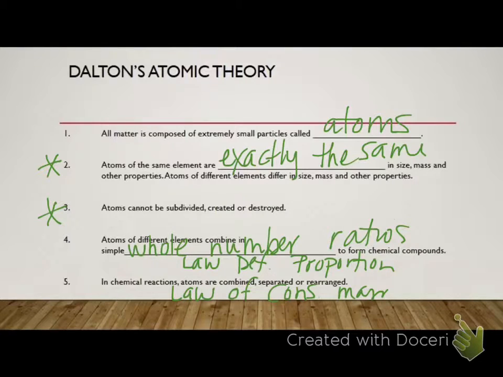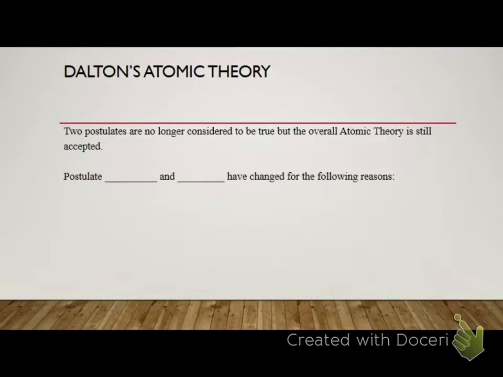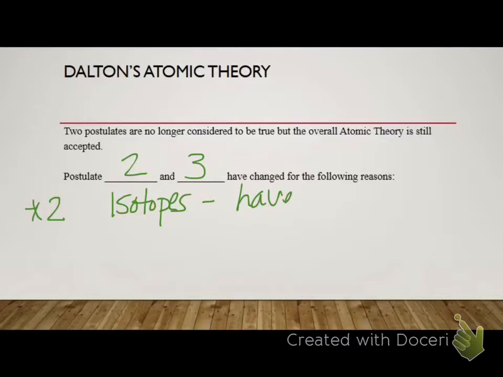At the time, that's what they thought, but since then we've gotten a lot more advanced in our technology and being able to figure things out, and so those two have changed. We still accept Dalton's atomic theory, but the reasons that they have changed are as follows. Number 2 is because we have something called isotopes, which we'll talk about in a few minutes. Isotopes have different numbers of neutrons, so that gives them different masses.